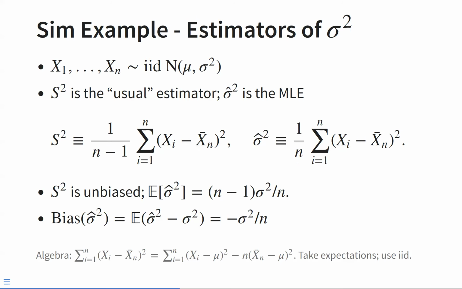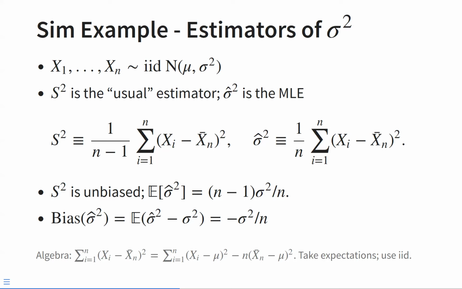Now it's time to carry out a substantive simulation study. I've picked a simple but classic example. In this example, we're going to look at 2 different estimators of the variance of a population. We'll consider n IID draws from a normal distribution with mean mu and variance sigma squared.